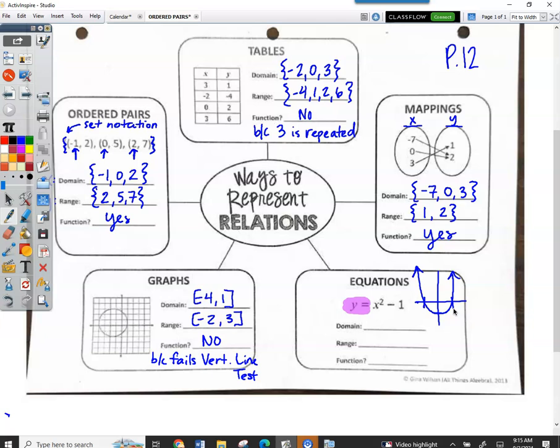What would I end up shading? As it's going up, it's also going out. So what would I end up shading? I would say shade through the x-axis.